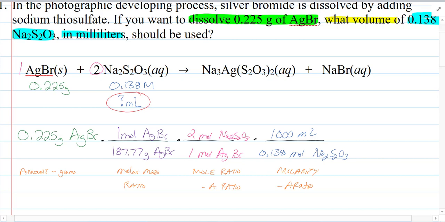And this is going to equal, if we do this math, 17.4 milliliters, which is an amount. So we go from an amount in grams to an amount in volume. 17.4 milliliters of our 0.138 M Na2S2O3, sodium thiosulfate. That's all that is.